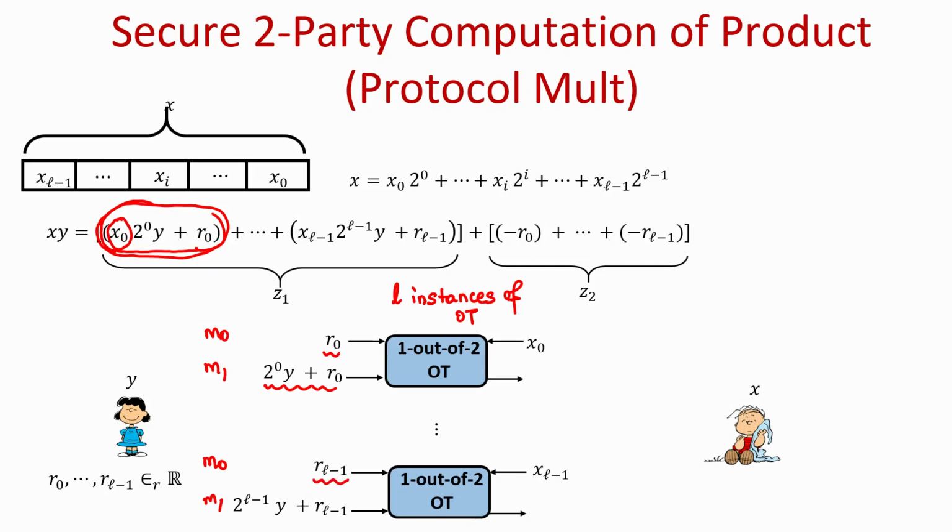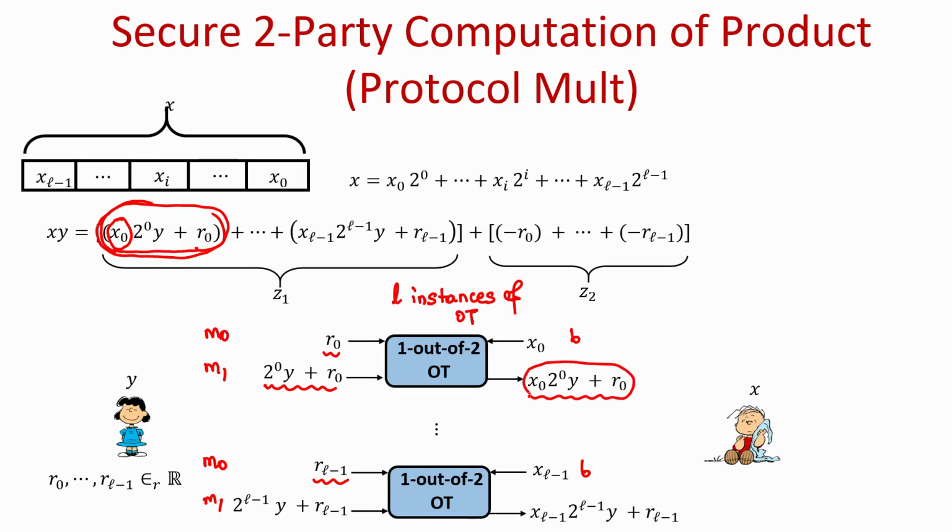Whereas, the owner of x selects his choice bits to be the individual bits of x, and he knows the full x. So, he knows the bits of x. He can feed these bits as the choice bits, and now the correctness property of the OT will ensure the following.